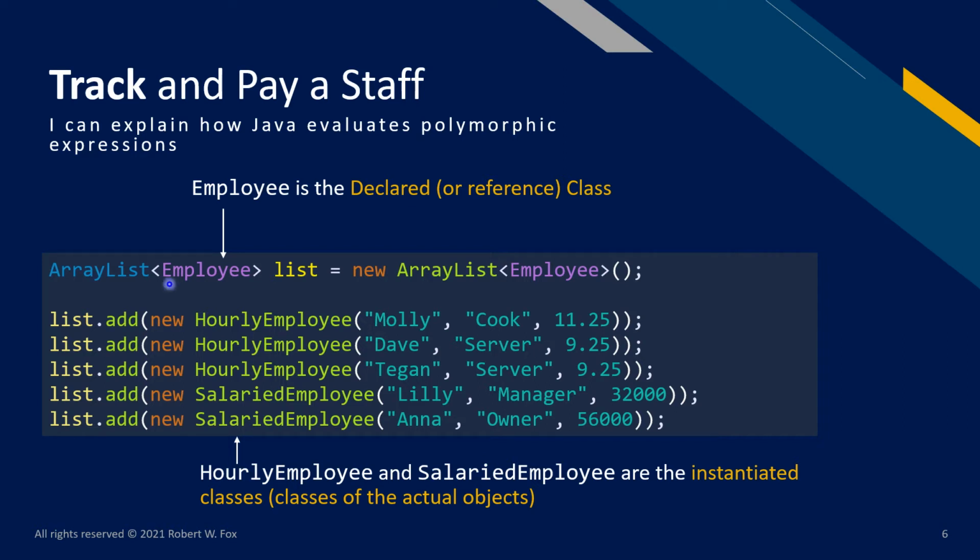So we're going to call Employee the declared class or the reference class. So the ArrayList is really going to be full of references to Employees, but the actual objects inside are not Employees, they're more specific. The actual objects are HourlyEmployee and SalariedEmployee, and we'll call these the instantiated classes or the classes of the actual objects we create.